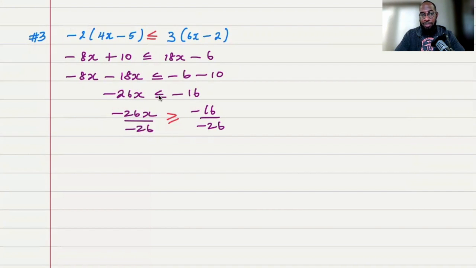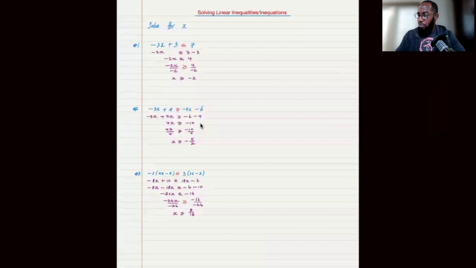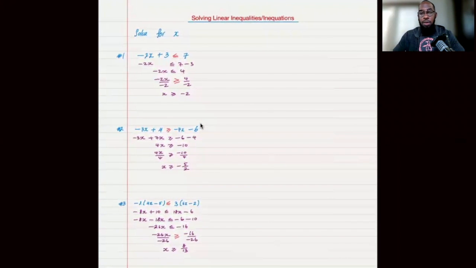So if here is less than or equal to, here will be more than or equal to. So we have x is more than or equal to. When you divide two negatives, it's a positive. And 16 divided by 26 is 8 over 13. So that's the answer right there. All right. So that's it for solving linear inequalities or inequations.